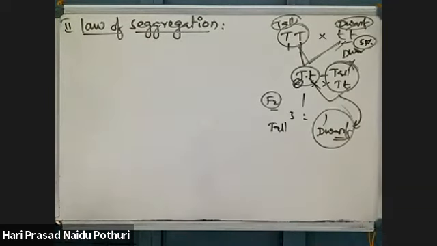That is this point. Though the parents contain two alleles, during gamete formation the factors of an allele pair segregate from each other.